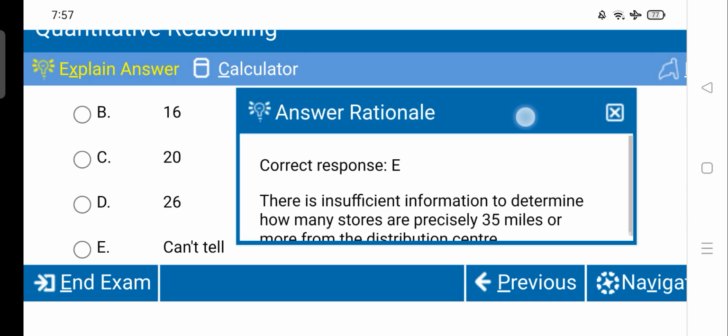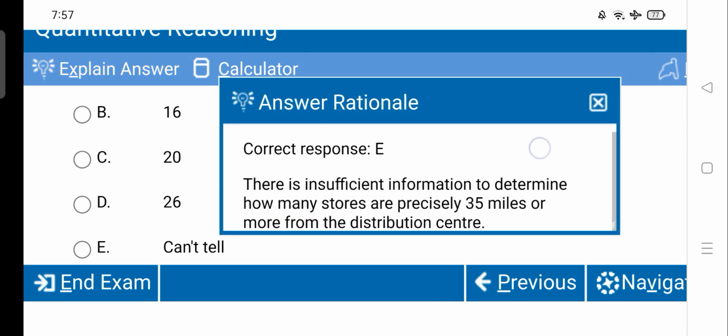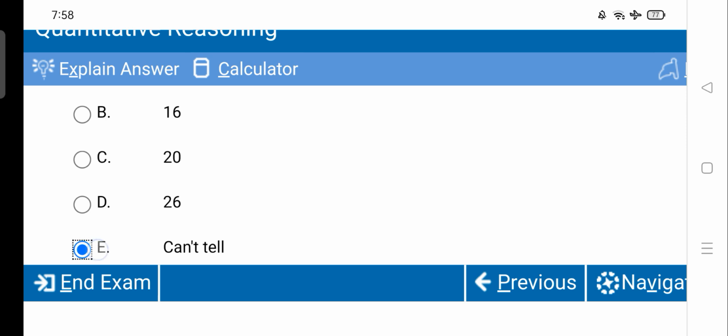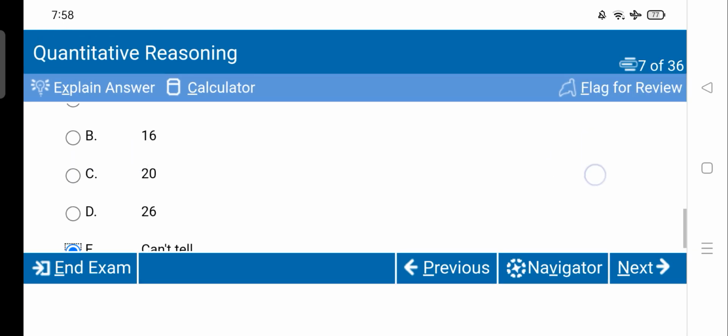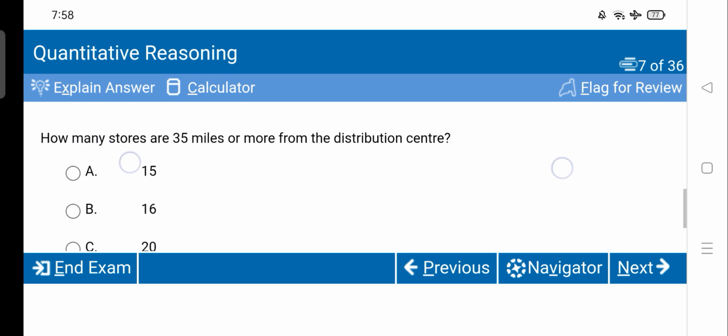So the correct response is option E, that there is insufficient information to determine how many stores are precisely 35 miles or more from the distribution center. That's why we say option E is the correct option, because we can't tell this information.